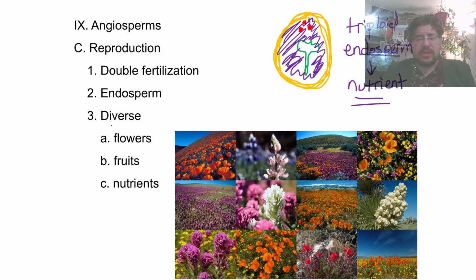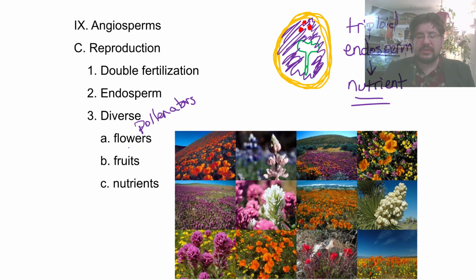Angiosperms are incredibly diverse. They are the most diverse of all the plants, as we mentioned, because there's over 250,000 species, and you find them on every continent. So you have flowers to attract pollinators, right? That's a pretty huge adaptation.